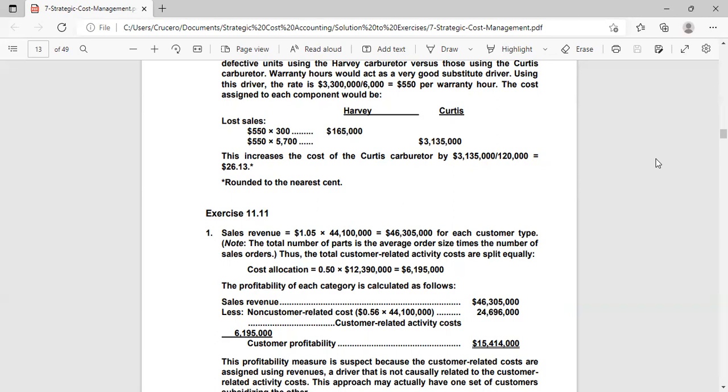For the sales orders, average order size, number of setups, scheduling hours, inspections, and the average unit cost. Now, note that this cost does not include the cost of the following customer-related activities.